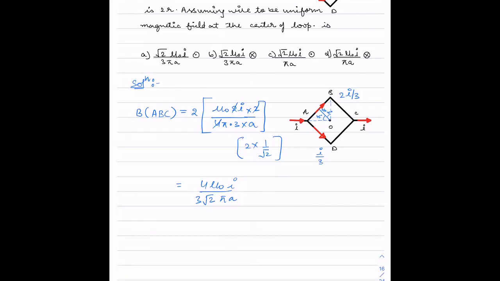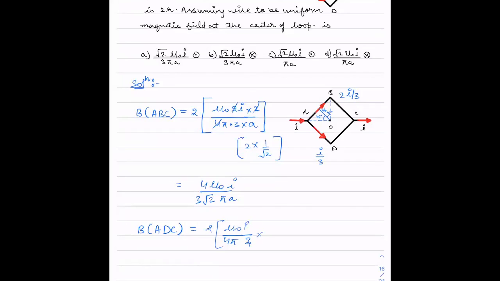Okay, due to BC. Now, due to ADC, magnetic field due to ADC, what is the value? 2 times mu naught I by 3, divided by 4 pi, into what is the angle? So it is A by 2.